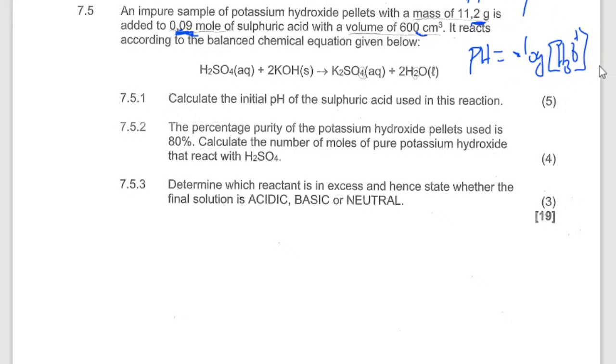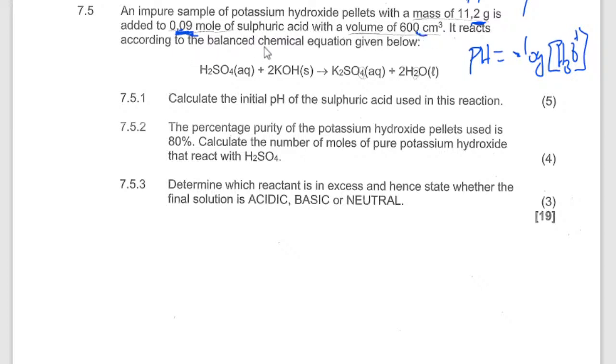But how am I going to get this hydrogen ion concentration? Because here they say that this is the number of moles of this.